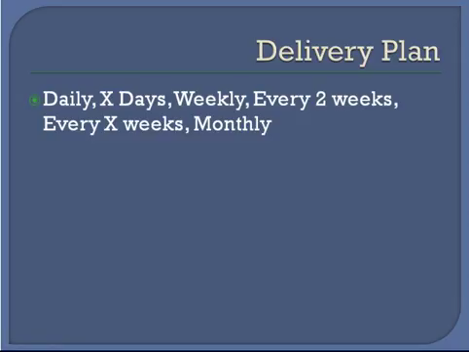And that's very, very easy. It just follows through with the same thing. You can do daily, X number of days, weekly, every 2 weeks, every X weeks, monthly, and so forth. Once you understand your delivery plan, when you set up your autoresponder, all you have to do is create a new follow-up for every one of those days, those weeks, and so forth.